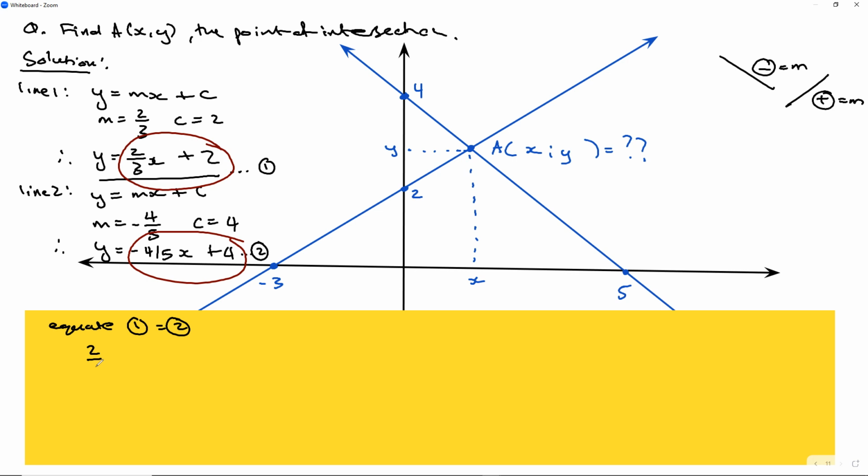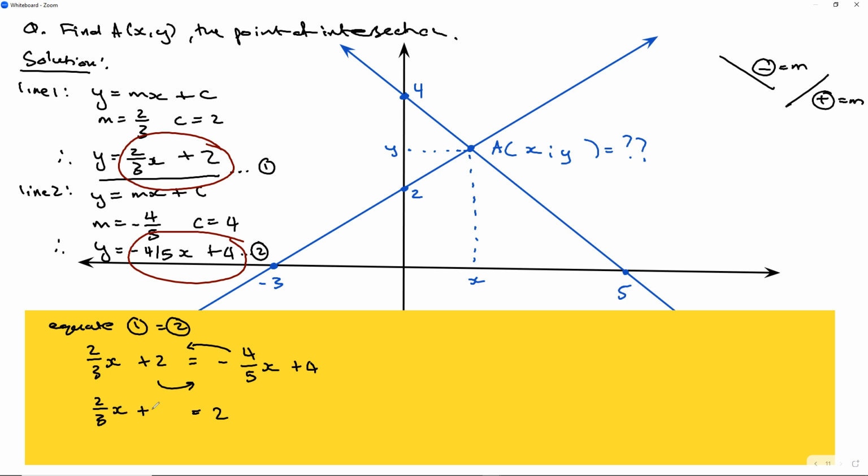We get 2/3x plus 2 is equal to -4/5x plus 4. We're now going to move this across, and it's going to become positive. You can bring all the x's onto one side. On the other side, 4 minus 2 becomes 2.